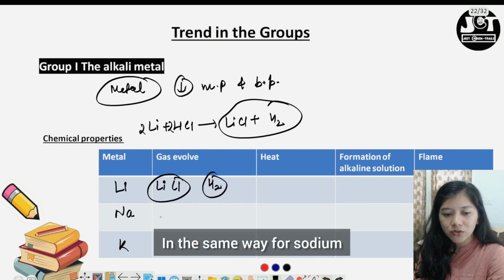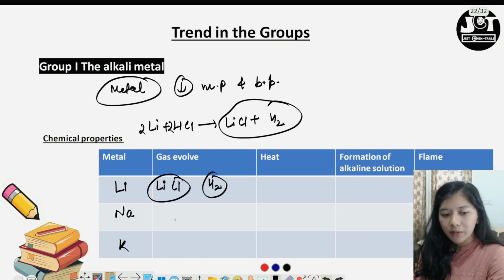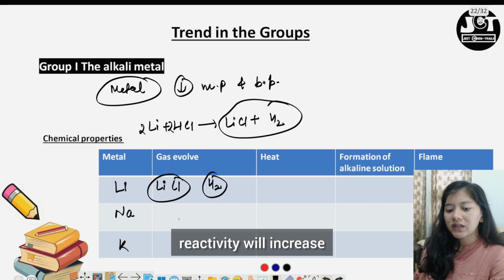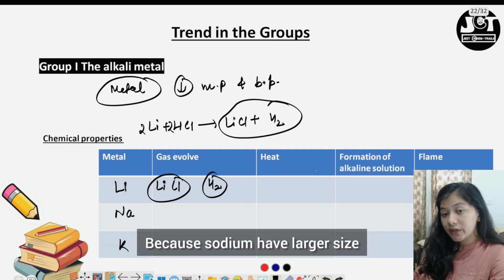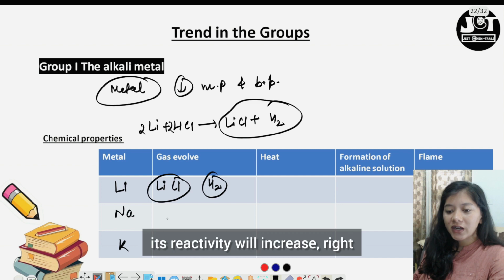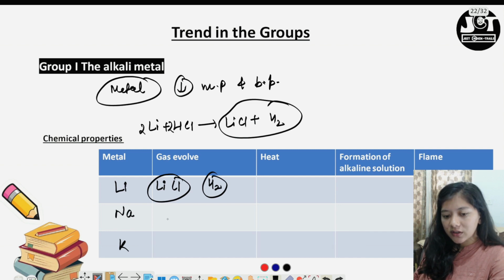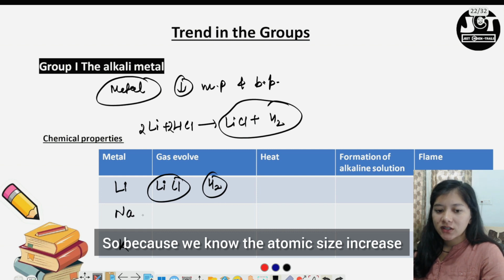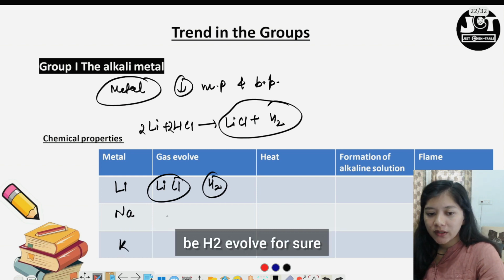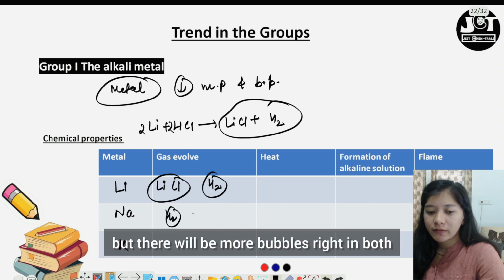In the same way for sodium, the same thing will happen. But what do you think? Will reactivity increase or decrease as we move from lithium to sodium? Because sodium has a larger atomic size, its reactivity will increase, right? So there will be H2 evolved for sure, but there will be more bubbles.